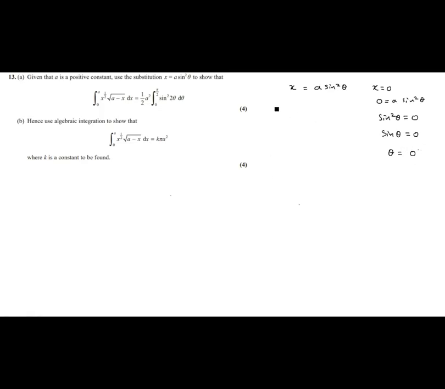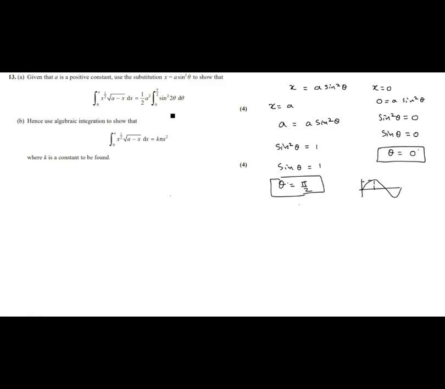Now when x is a, then a equals a sine square theta, and that means sine square theta is 1, so sine theta is plus 1. If you look at the sine graph, at pi over 2 the value is plus 1, so theta is pi over 2. So these are the limits for theta, from 0 to pi over 2.